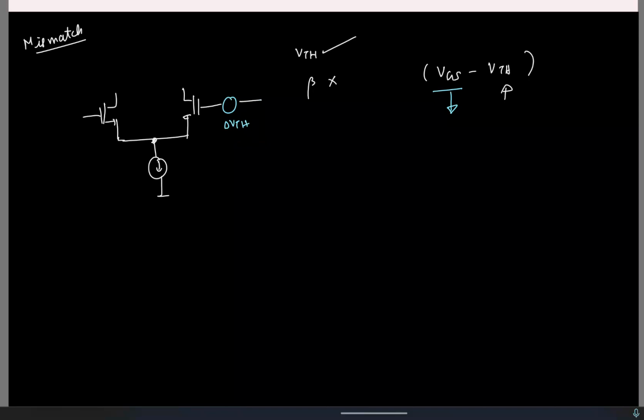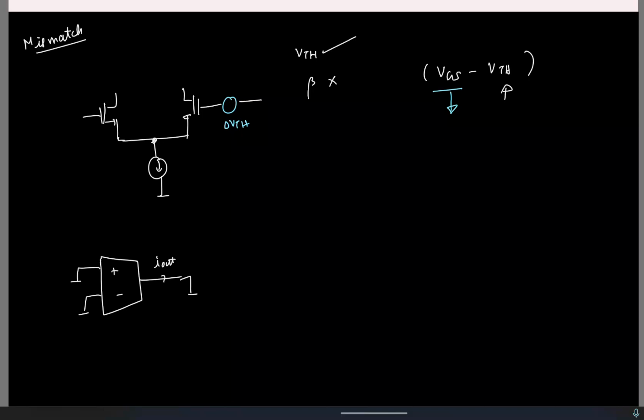Now, ideally, if we have an OTA and both the inputs are grounded, what do you think the output should be? The output should be 0, and even the short circuit current should be 0.